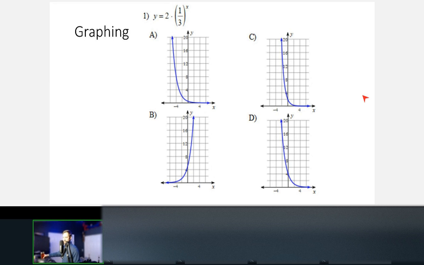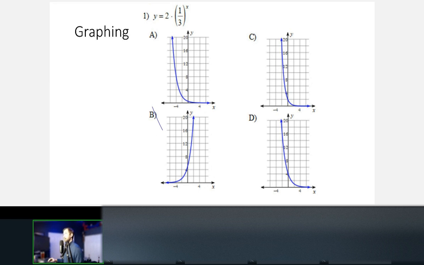Yeah, B, because it's growth. This B value is a fraction between 0 and 1, so this is decay. So A is a decay problem, C is decay, D is decay. Well, B is growth, so this cannot be the correct answer. Nobody should choose B as the answer.